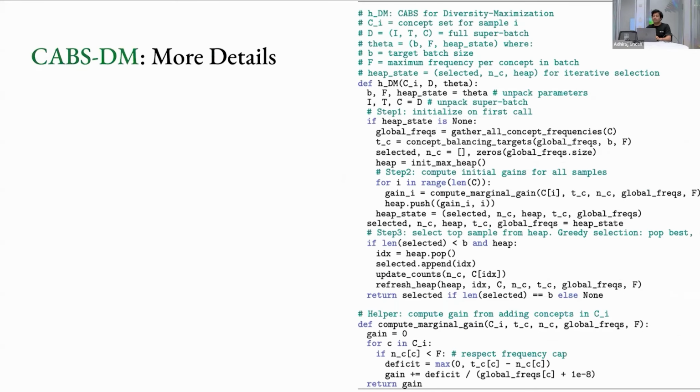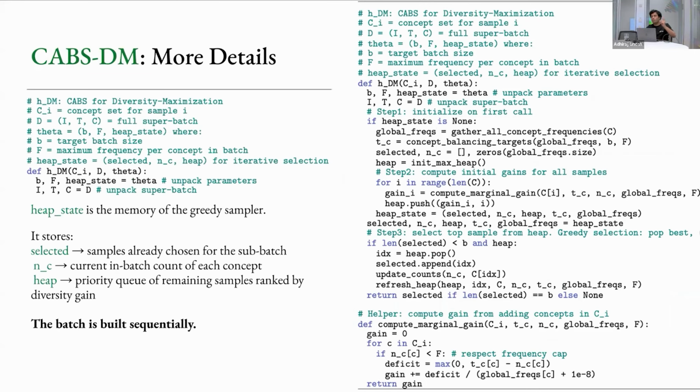Jimmy told me that I should go into detail. So I've put down the entire pseudocode and I'll talk about it one by one, just so it's clear to everyone. The way we instantiate CABS-DM is to make sure that the current state of the batch is a factor.